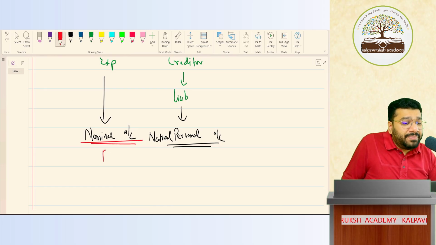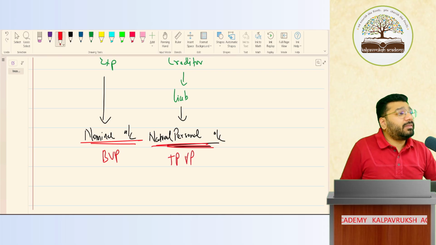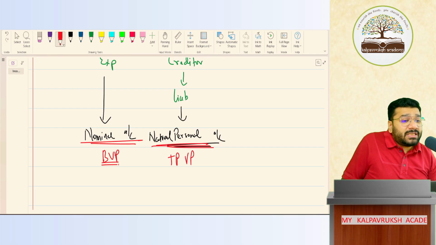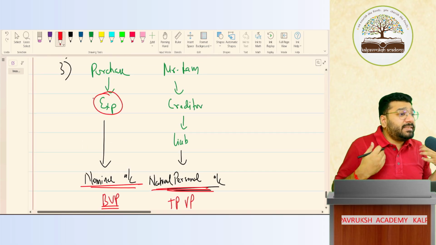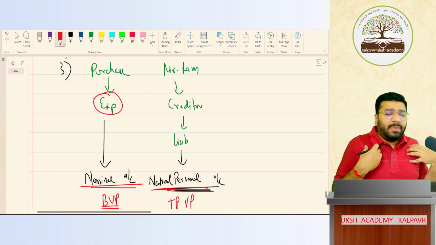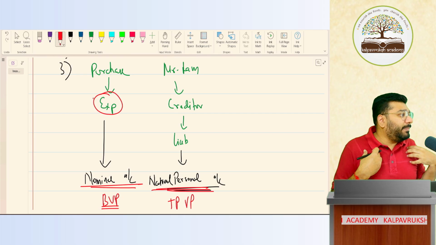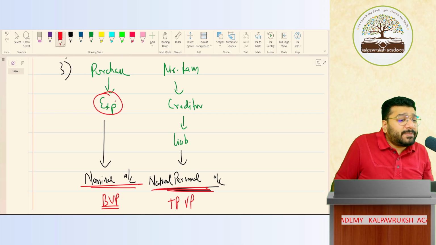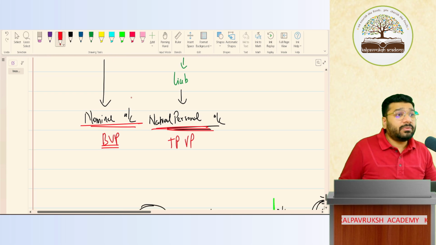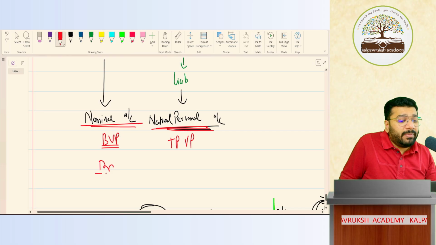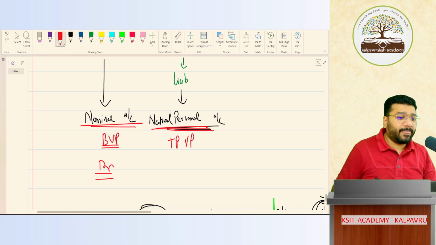This is from the business viewpoint. This is from the third party viewpoint. From the business viewpoint, this is expenditure. I have bought goods, I have expended the money, so for me it is expenditure. For whom? Business. What is the rule? For nominal account, debit all expenses and losses. This will be debited. Okay, not okay? Okay.